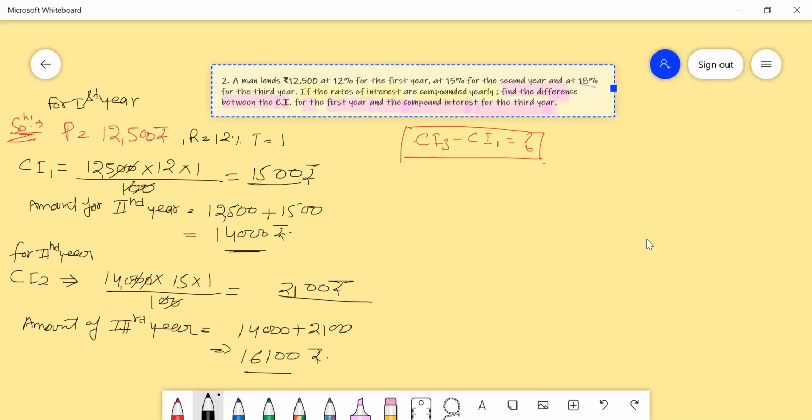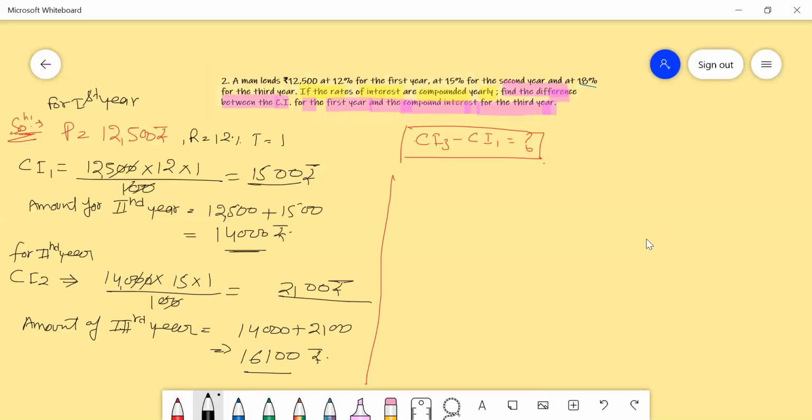So it will be the principal for third year. Now we calculate compound interest for third year.